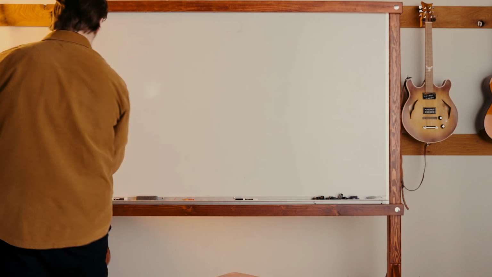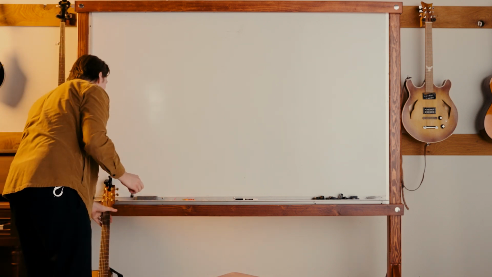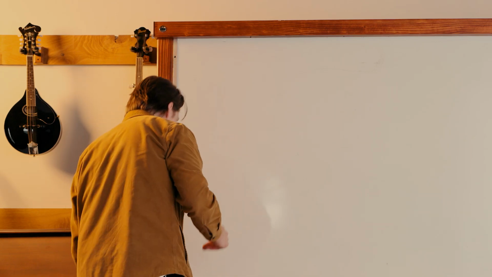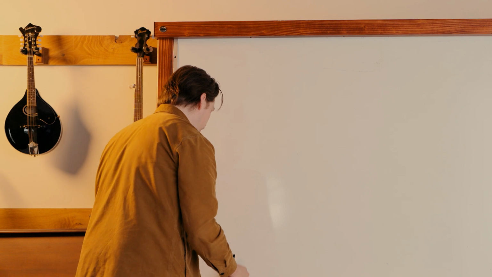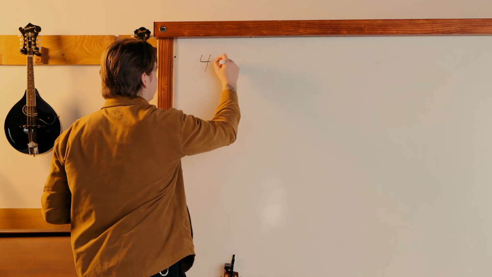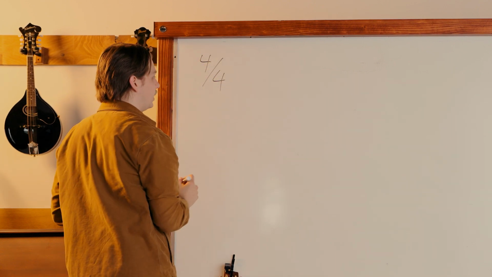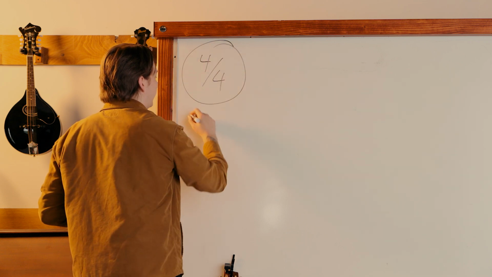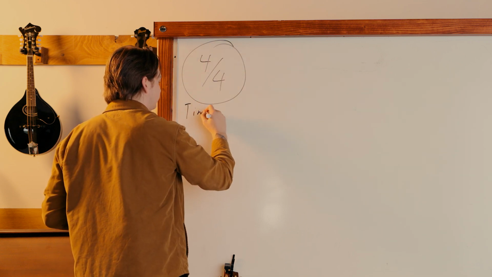So I'm going to go to the whiteboard right now and explain a little bit about some different time signatures, okay? Remember when we were first talking about rhythm, up in the corner, I wrote this and called it a time signature.